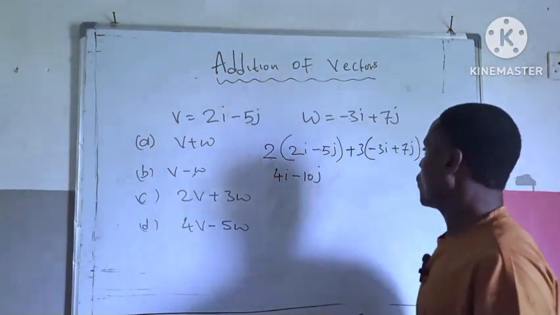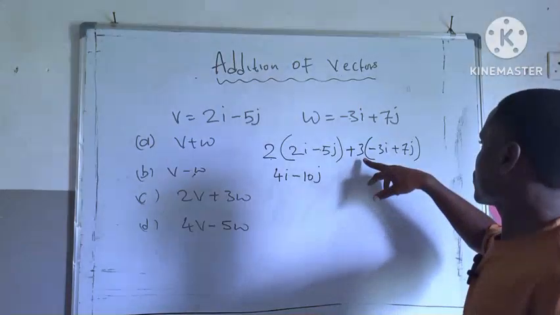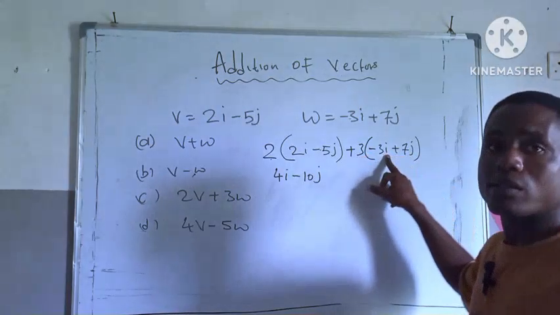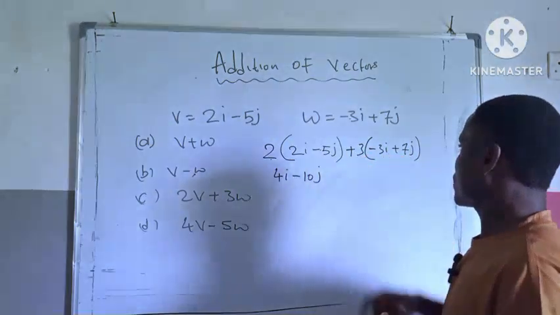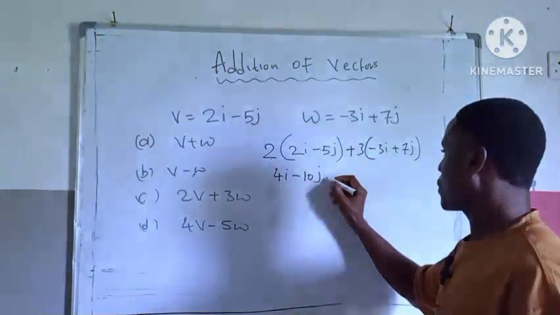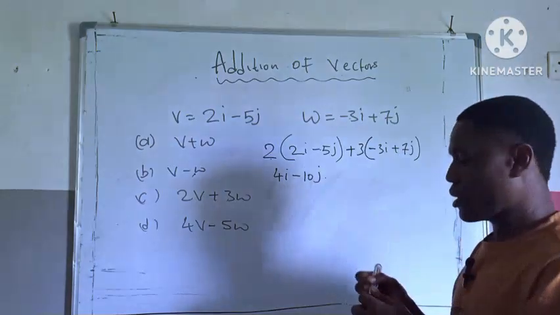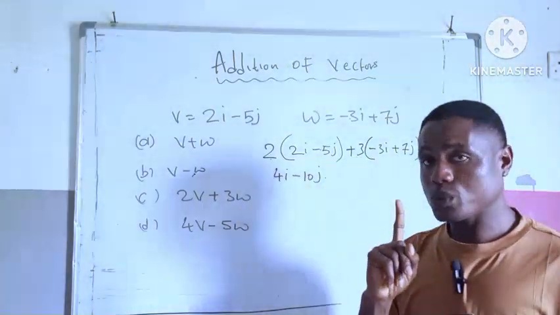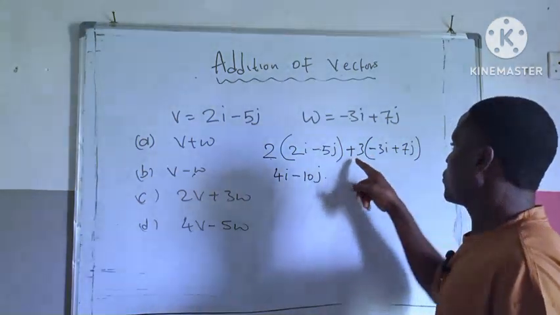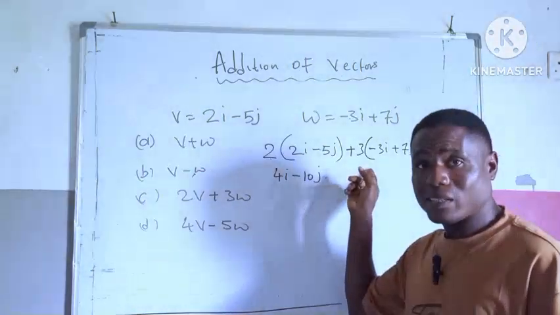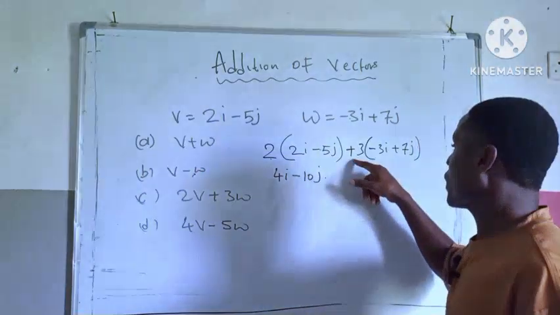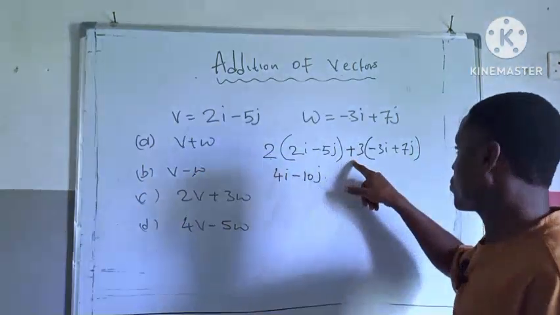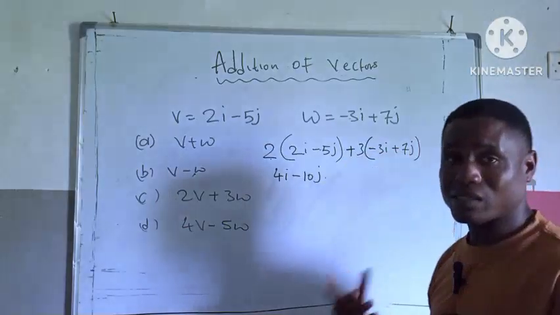Then we have 3 times minus 3i, it will give us what? Minus. Now when dealing with this part, please take note of the sign here, okay? Here we have plus, abi? So if you use plus to multiply everything here, it's still the same.